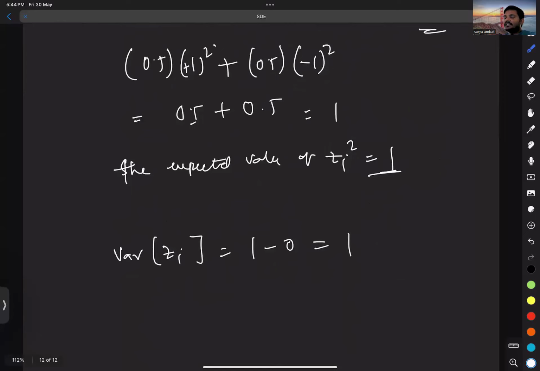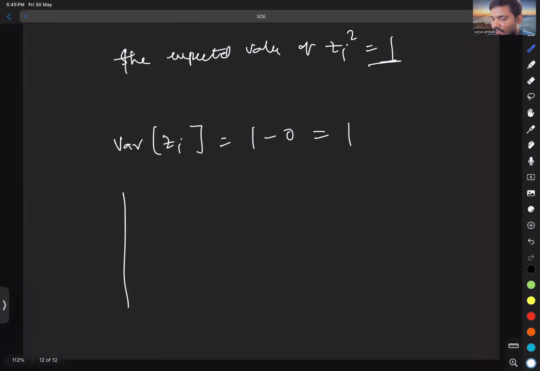What this is saying is the spread of the Z1 values, plus 1 or minus 1, around the mean. Let me explain graphically. Suppose this is 0, this is the y-axis and this is the x-axis, and here 1, 2, 3, 4.